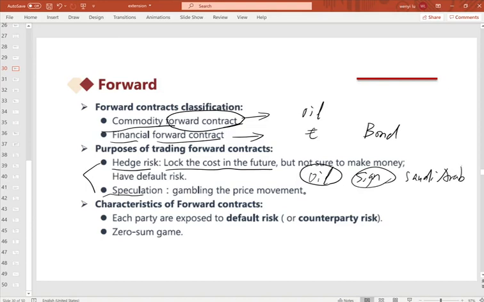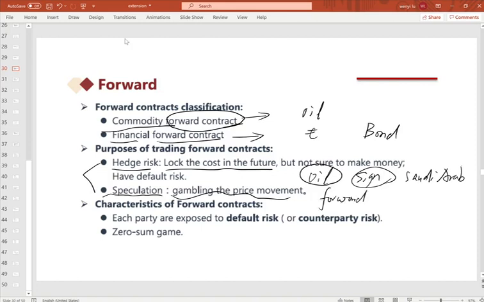The other purpose of forward contracts is speculation. What is speculation? Just like gambling in casinos. You predict the price will go up, for example, then you buy this asset for a short term to get a profit. For example, if I don't hold any oil and I will not deliver any oil, but I know the price of oil will go up, then as an individual investor, I can also buy the forward contract.